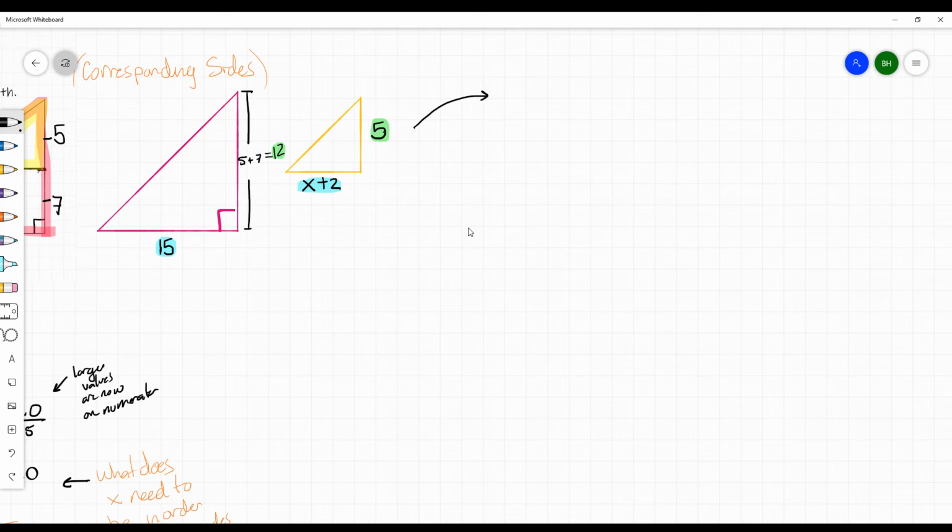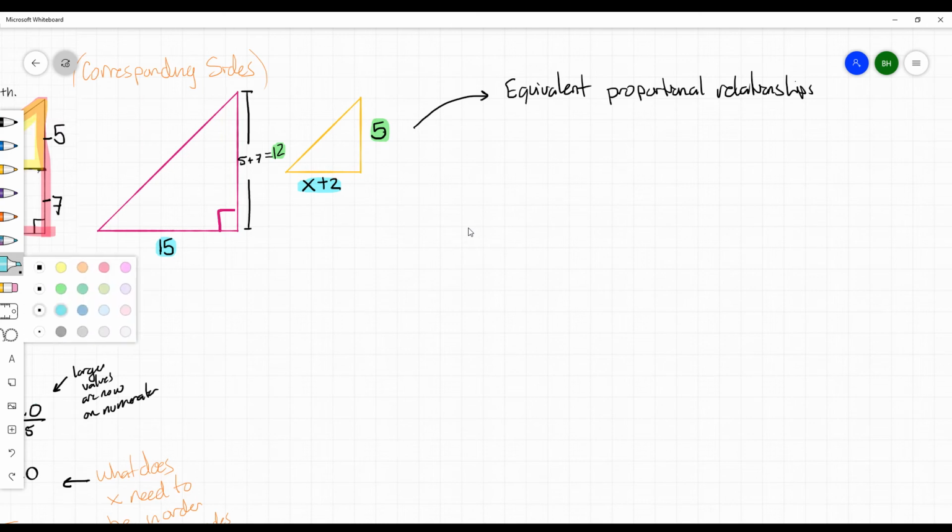Okay. So once we do that, we can set up equivalent proportional relationships because these two images are going to be similar. They are similar triangles. And we can do that a couple different ways, like we said before.